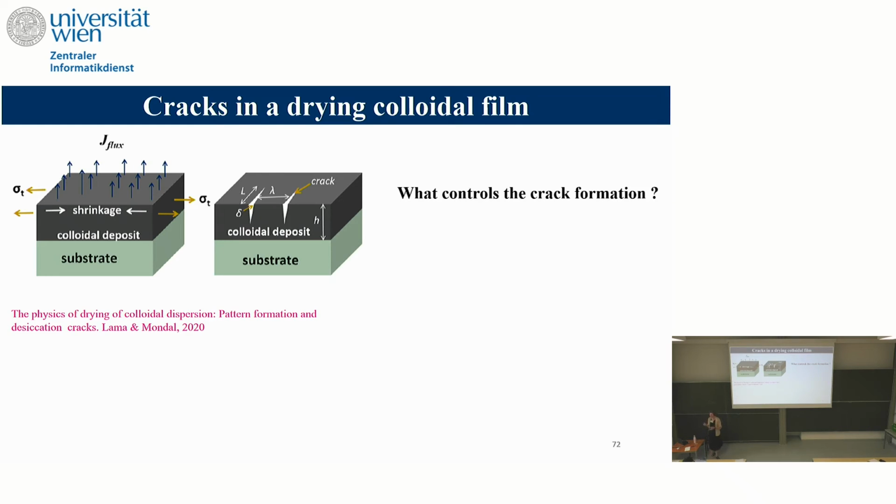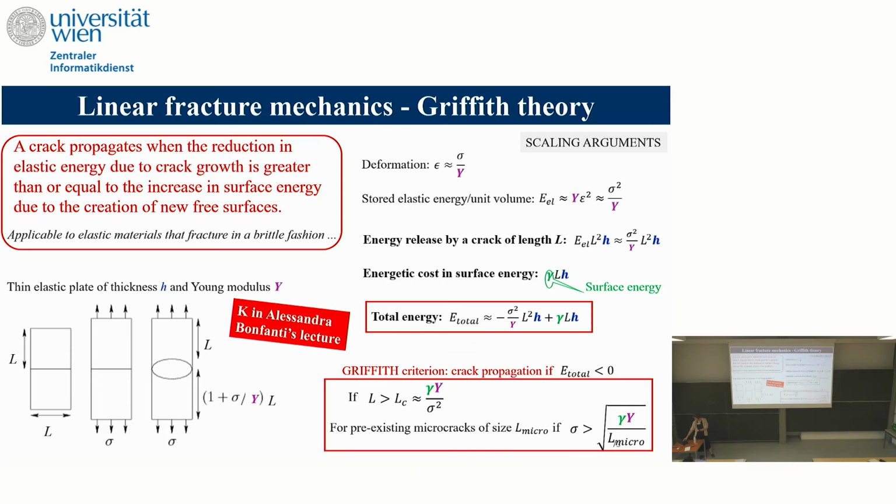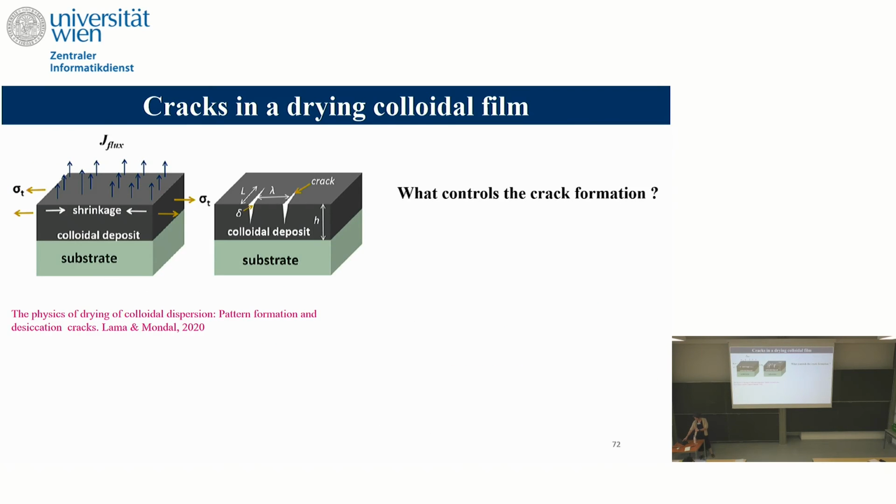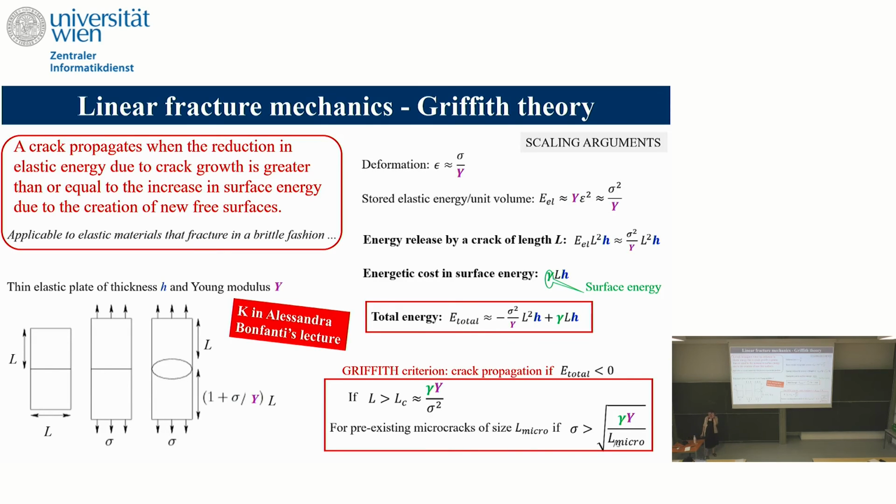There are several parameters, and I just want to list them. First, there is what you may have heard about in linear fracture mechanics, which is called Griffith's law, or Griffith's theory, which is simple in its way.